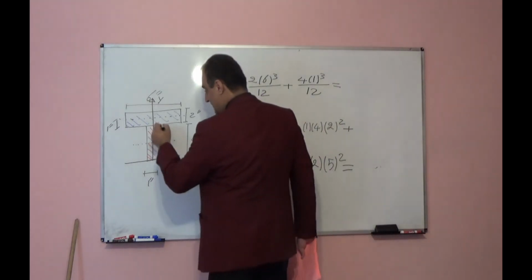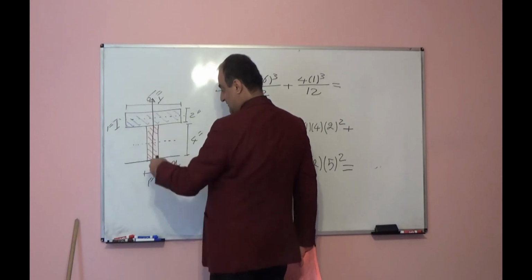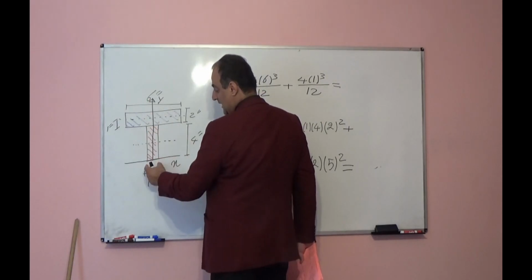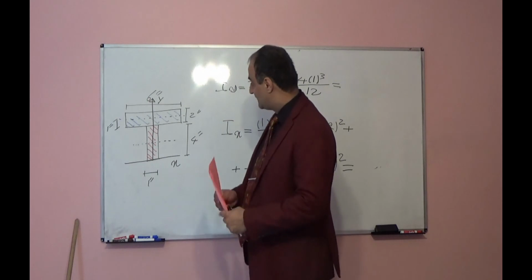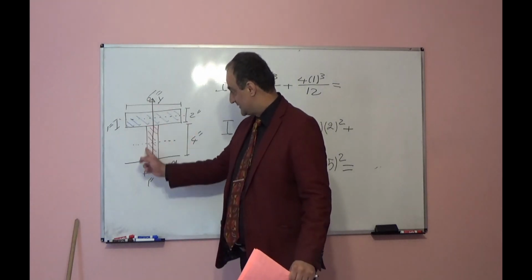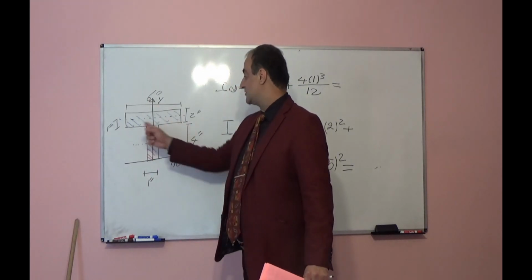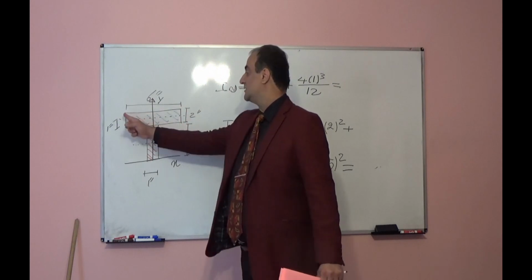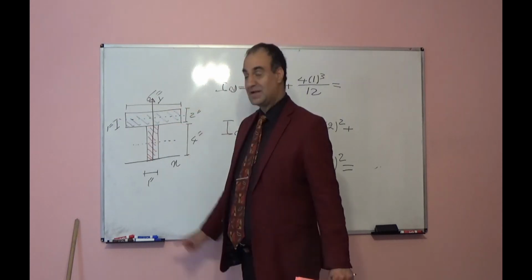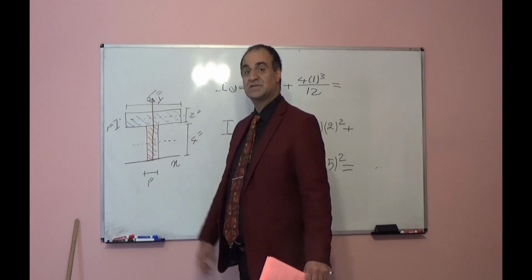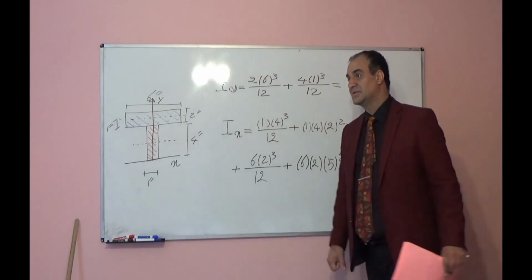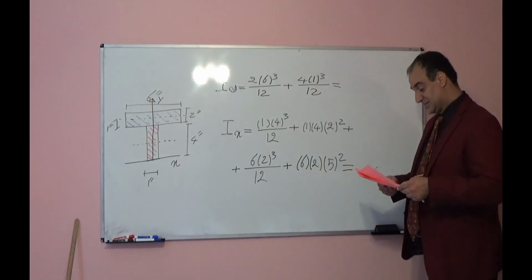For this rectangle, with respect to this axis, the width is 4 and the height is 1, cubed over 12, and y passes through its centroid. Plus, for this rectangle, 2 times 6 cubed over 12, again y passes through the centroid. So there is no need for another term.